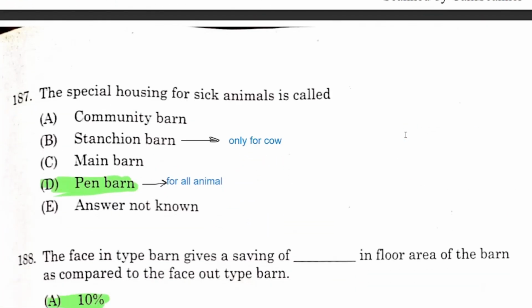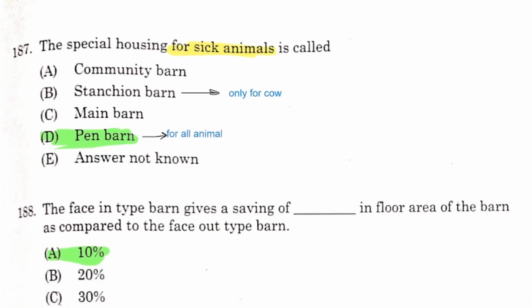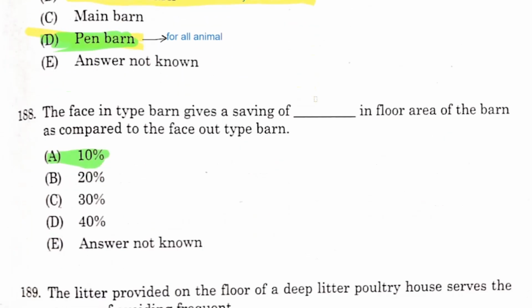Next question is the special housing for sick animals is called. For sick animals, special housing is known as pen barn, and for cow, this is termed as stanchion barn. Next, the face-in type of barn gives a saving of dash in floor area of barn as compared to the face-out type barn, that is 10%.